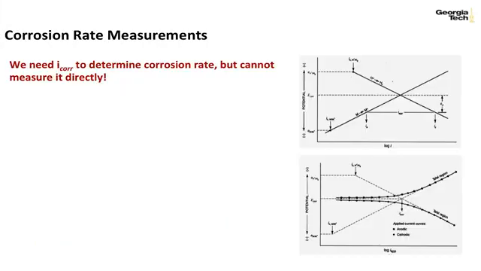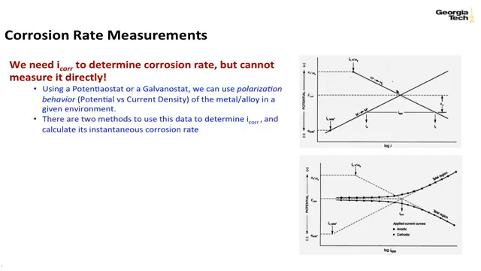Now, to do this type of measurement, what we are really looking for is a corrosion current density, or I sub corr, which can be related to corrosion rate. Now, the problem is that we cannot measure I corr on its own.